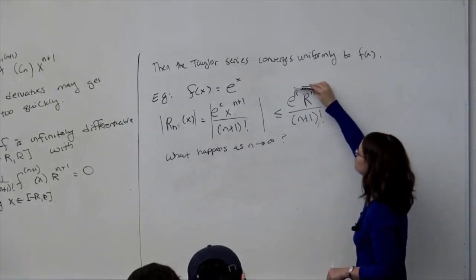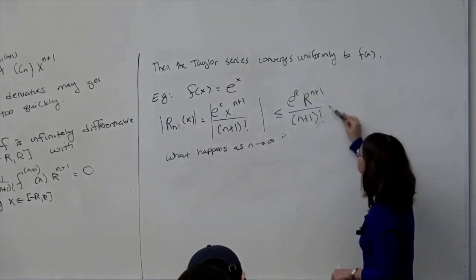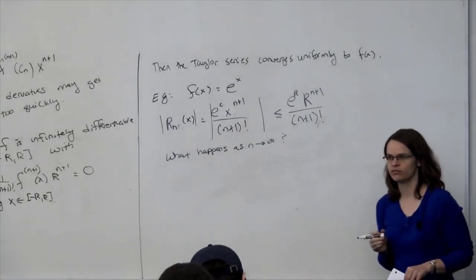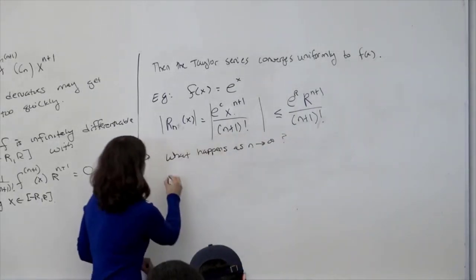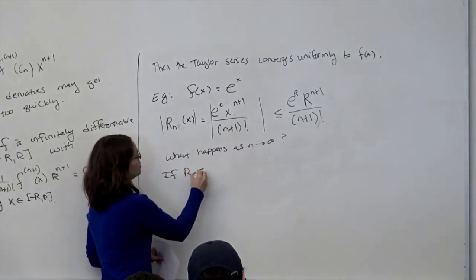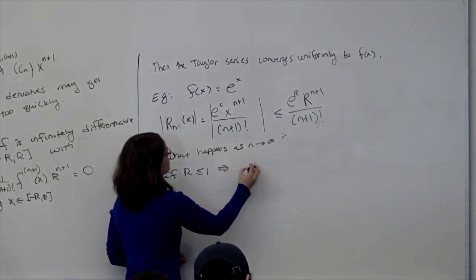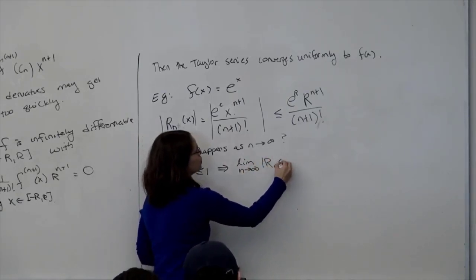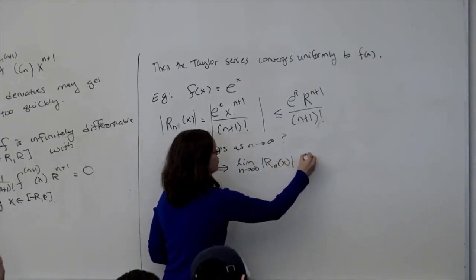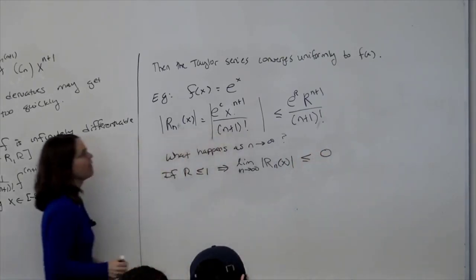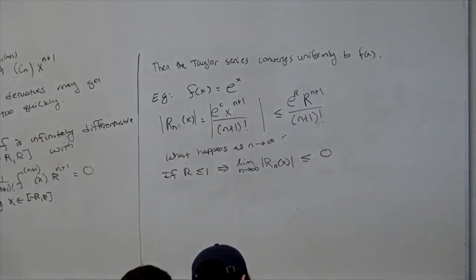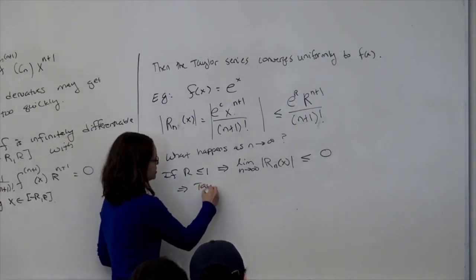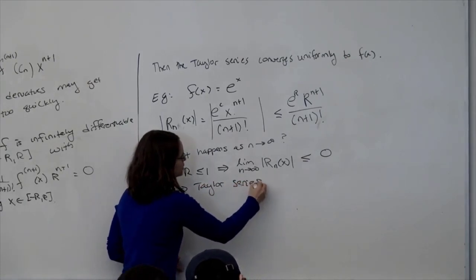So we'll have some number, something bounded, divided by something that goes to infinity, and it automatically goes to 0 and we're in business. So if r is less than or equal to 1, then without much work at all, we get that this is bounded by something that goes to 0, and the Taylor series certainly works. So this means that the Taylor series does what we want.